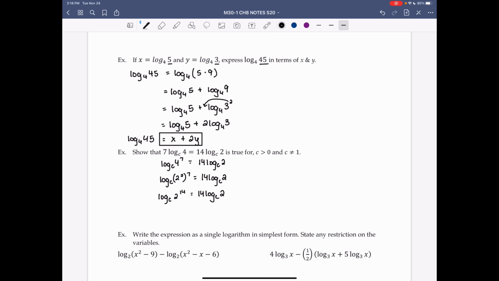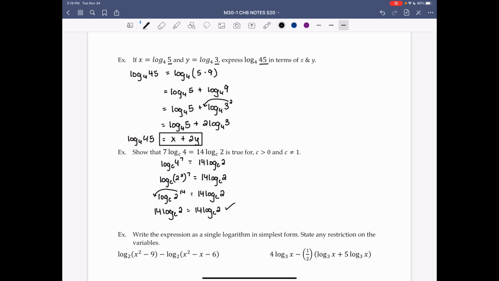Then I can use the exponent law again, bring this down, and we get 14 log base C of 2 equals 14 log base C of 2. So left side equals right side.